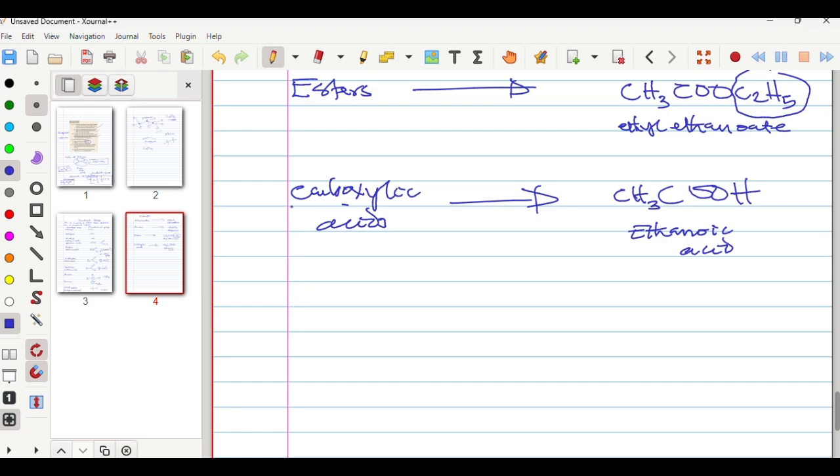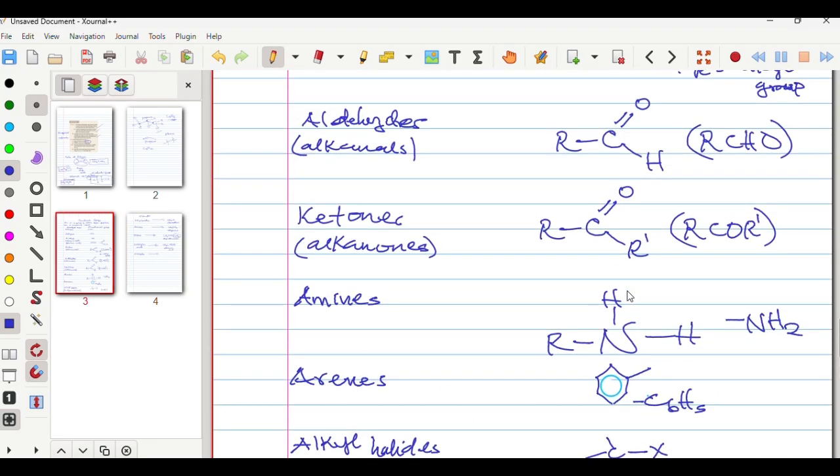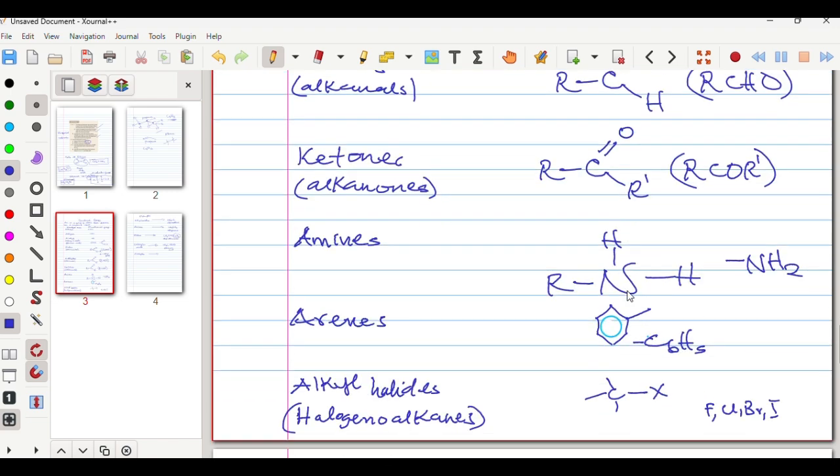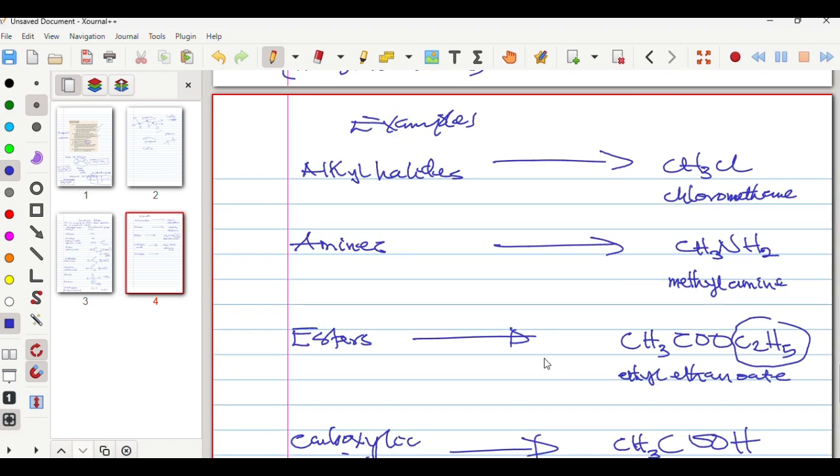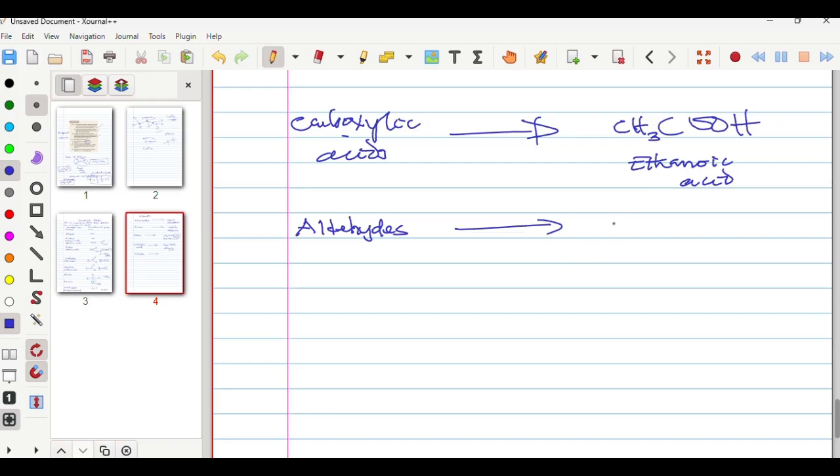Okay, carboxylic acids, aldehydes, and ketones. Aldehydes, an example of that. If you go back up, you will see that aldehyde is RCHO, or something bound to CHO. So you just replace your R with CH3 again.